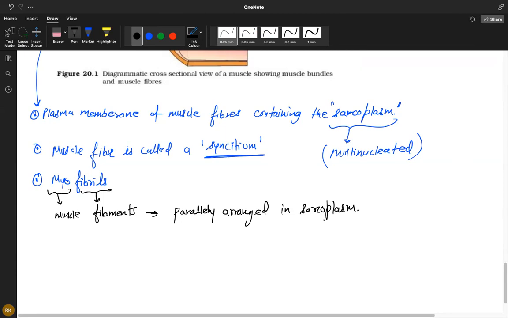Okay. Arranged parallelly in the sarcoplasm.